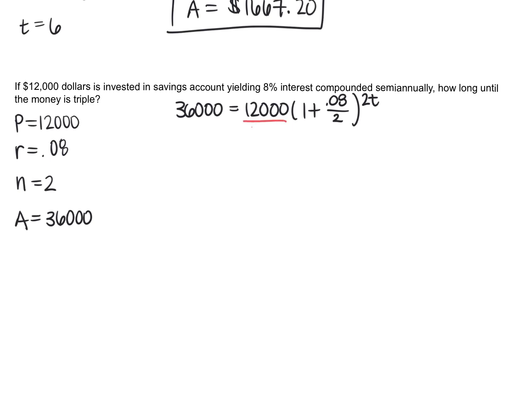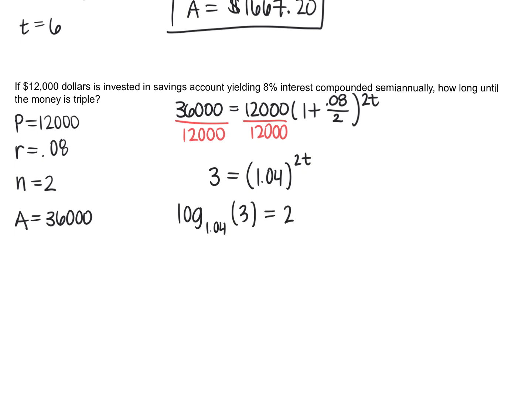So my first step, divide by 12,000. And 36,000 divided by 12,000 is 3. I'm going to go ahead and figure out what 1 plus 0.08 over 2 is, and it's going to be 1.04. And then my exponent is 2t. Converting it to logarithmic form, we have log base 1.04 of 3 equals 2t.